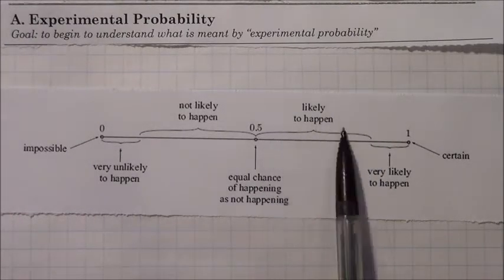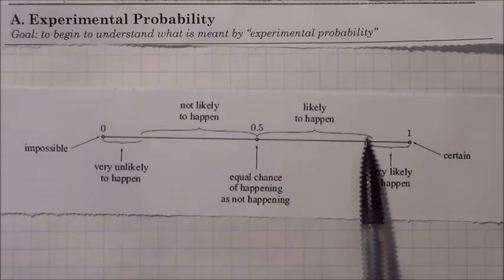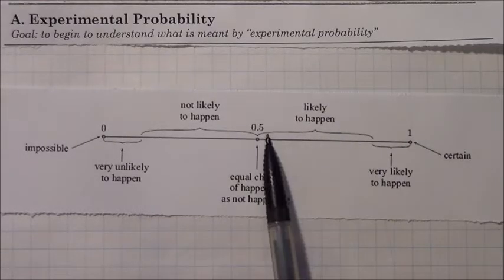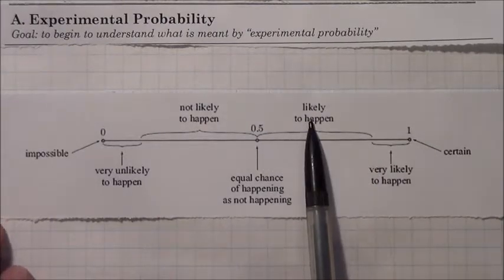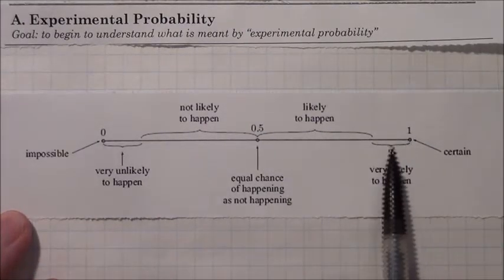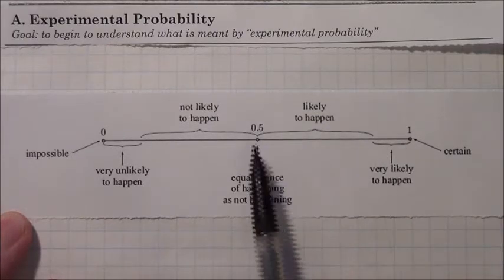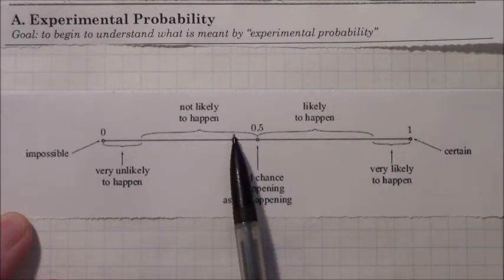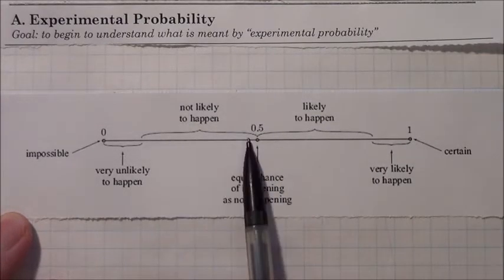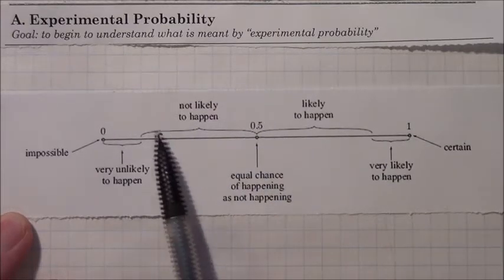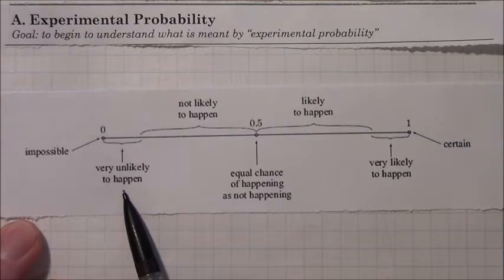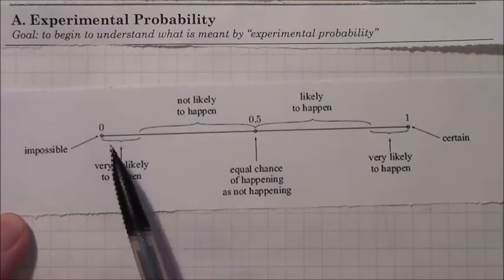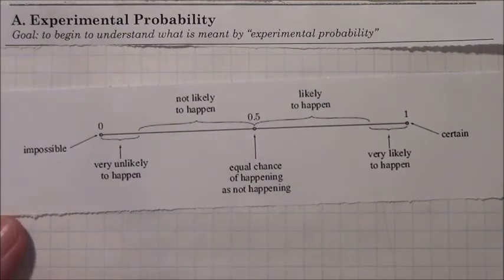When we get maybe 2/3 of the way along the positive side here, the event is likely to happen, very likely to happen as you get closer to 1. And then on the other side of the 0.5, it's not likely to happen, and this final bit, it's very unlikely to happen, but not quite impossible, because impossible is 0.